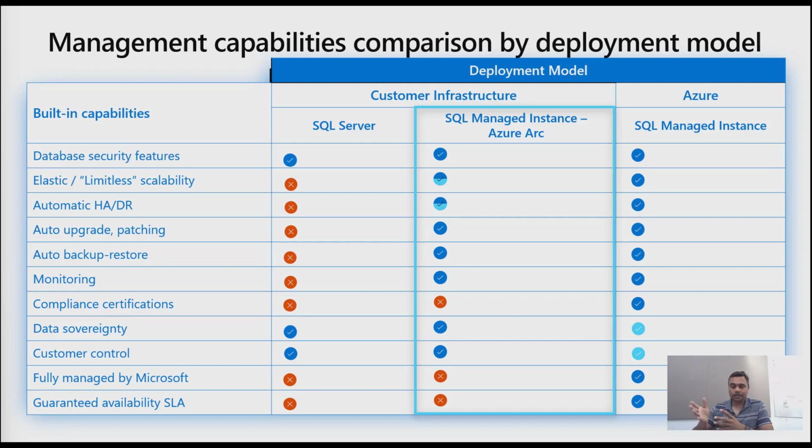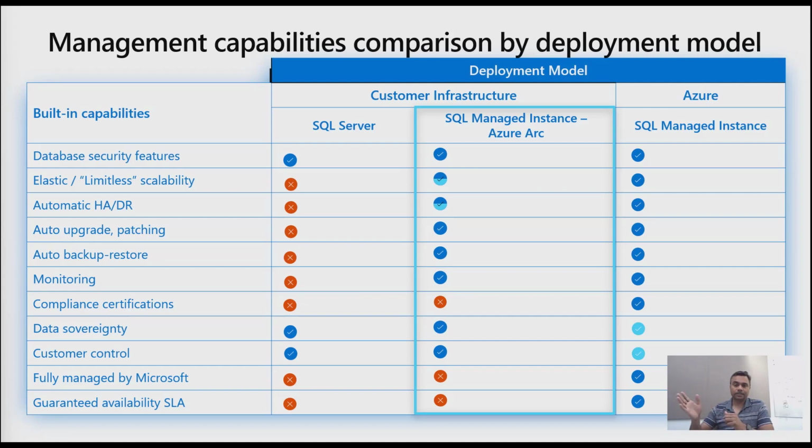When it comes to Arc SQL MI, it's a hybrid model, there is a joint responsibility between customer and Microsoft. We provide the software that has these management capabilities built in, just like in Azure, whether it's HA, DR, backups, monitoring, logging, etc. And you, as the customer, bring the infrastructure that is needed to support these management capabilities. One thing to note here is that in Azure, Microsoft owns the entire stack from hardware to software and everything in between.